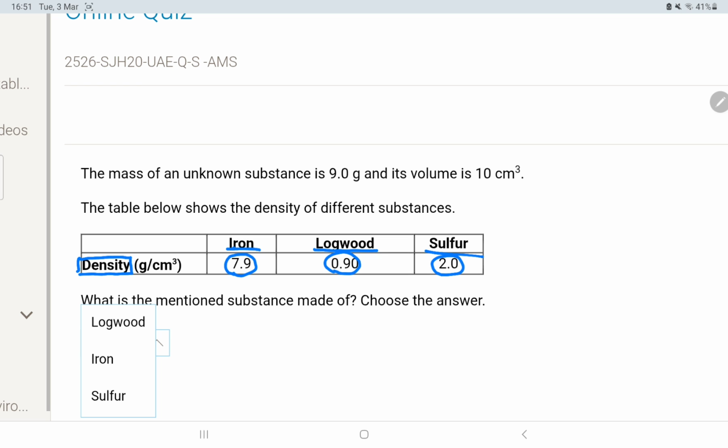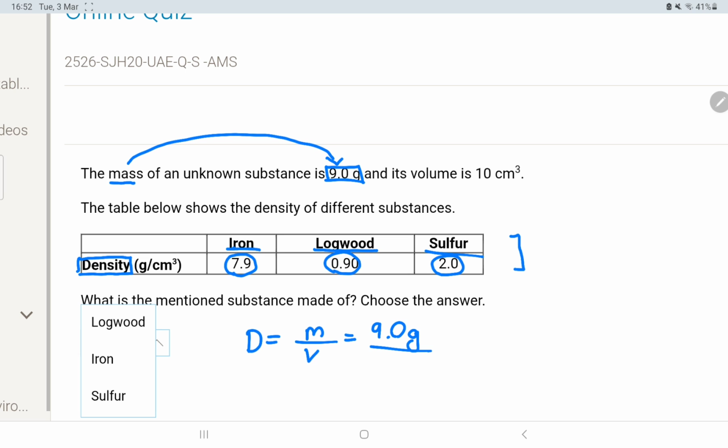So let's see here. First, you need to find the density that they gave you. So density equals mass over volume. The mass of the unknown substance is 9.0 grams, over its volume, which is 10 centimeters cubed.